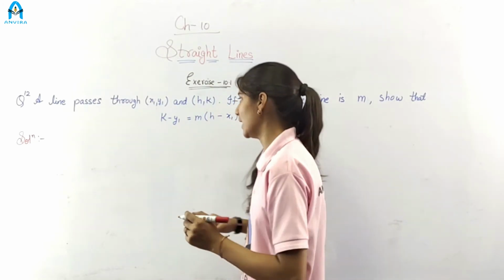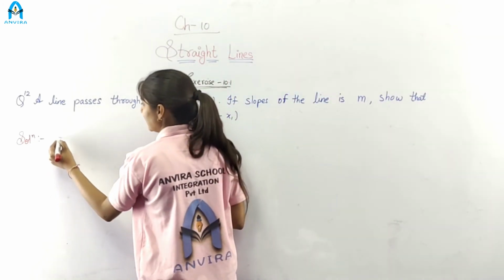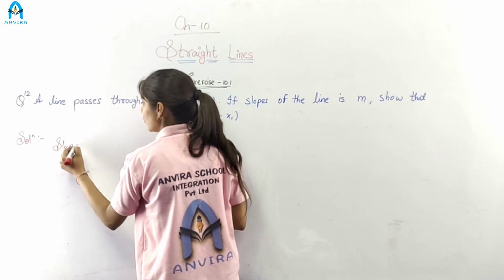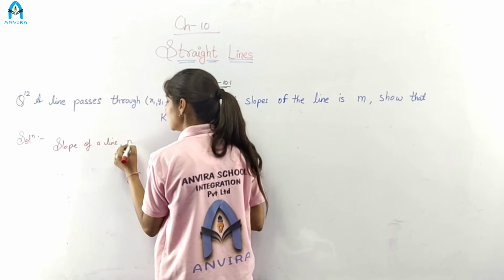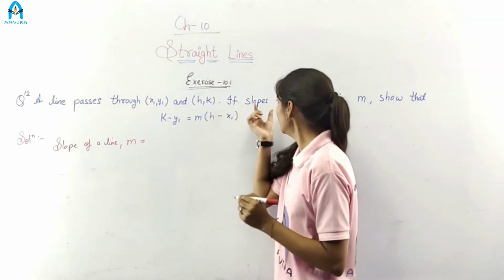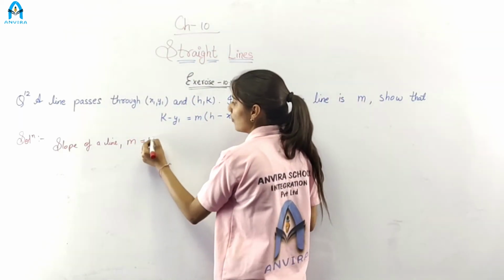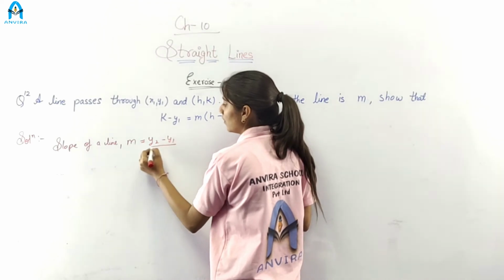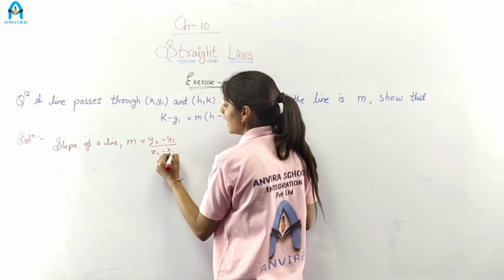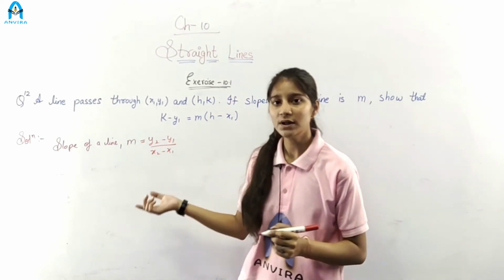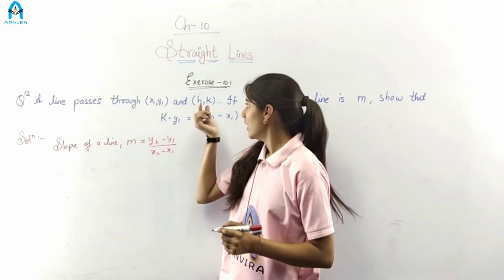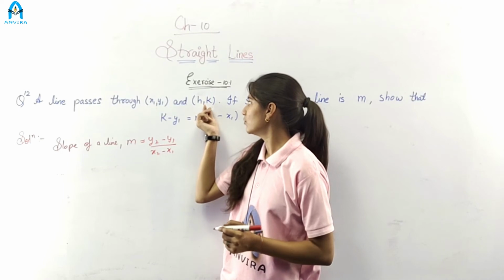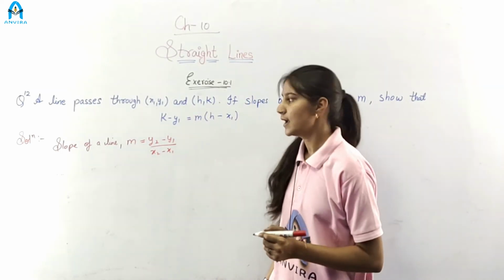Slope of any line is given by m, that is y2 minus y1 upon x2 minus x1. Here the coordinates are given: x1, y1 as the first, and the second coordinate x2, y2 is given by h, k.